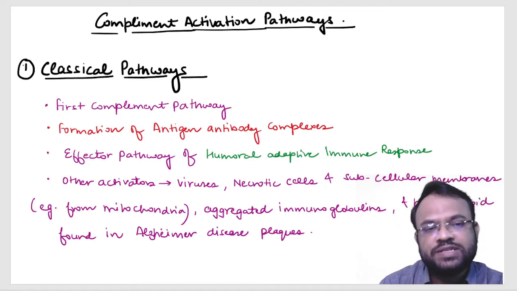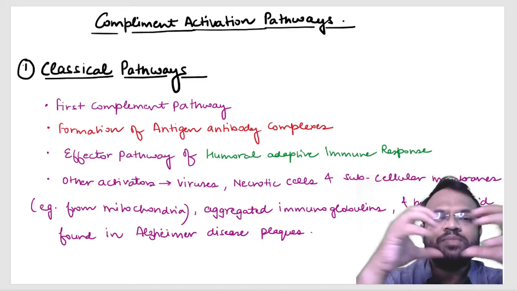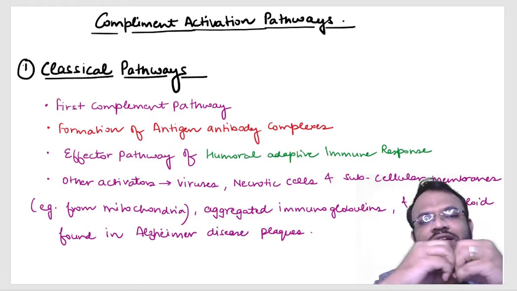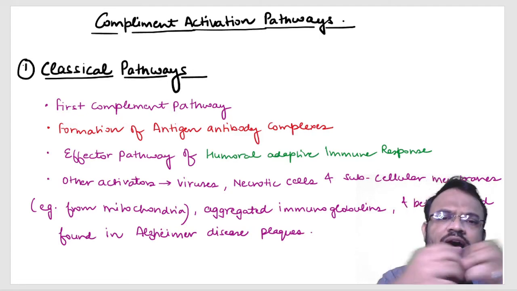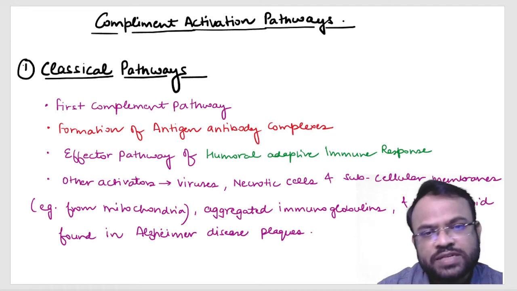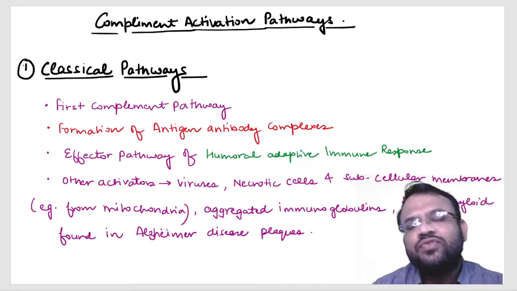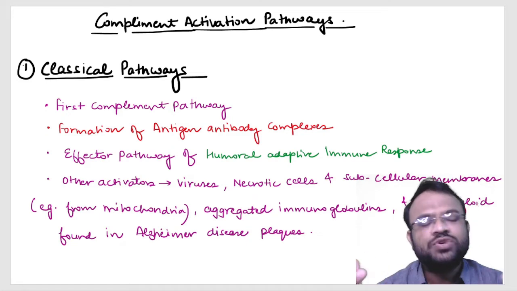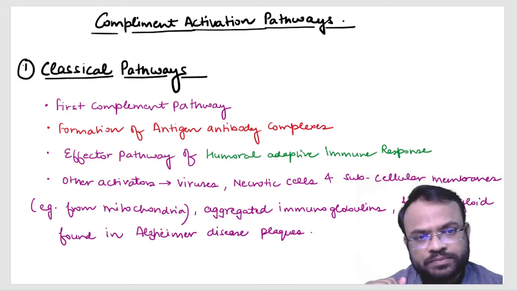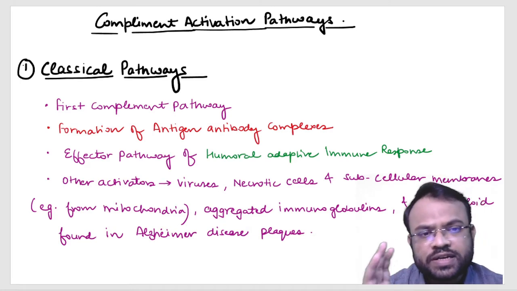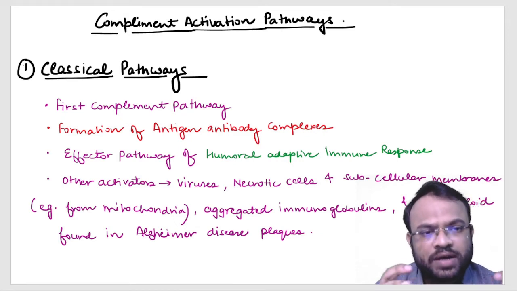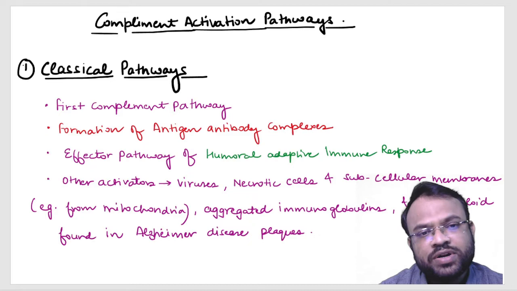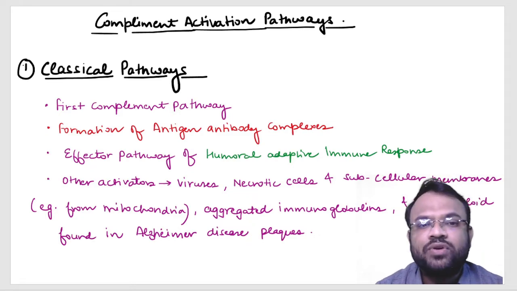When the size of the antigen is large, or when the number of antibodies interacting with the antigen is large, they form large complexes. These large antigen antibody complexes lead to the activation of the classical pathway. So the first thing is clear: the classical pathway gets activated because of antigen antibody interaction, or the formation of antigen antibody complexes. This was the second point on your slide.